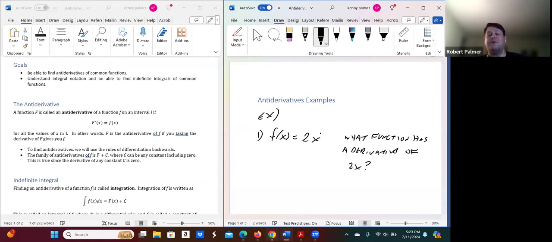In other words, if I take a function and take its derivative and it gives me 2x, what function am I starting with?